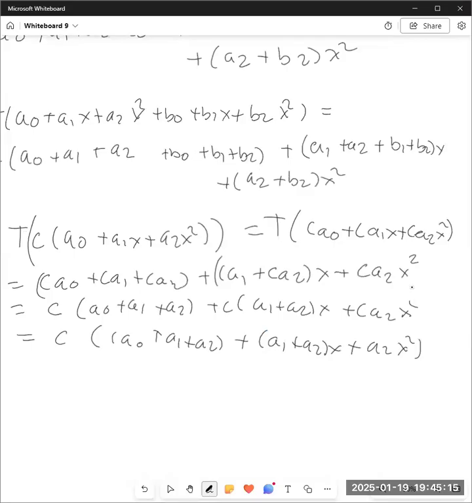So that's going to be c times T of a0 plus a1x plus a2x squared. So yes, that's a linear transformation.